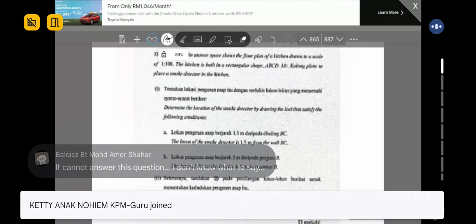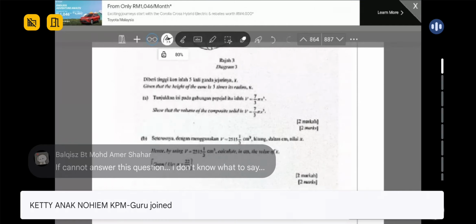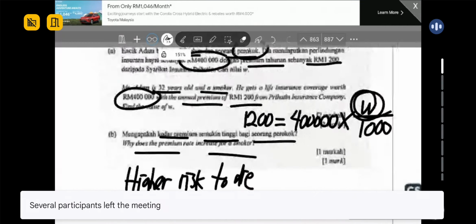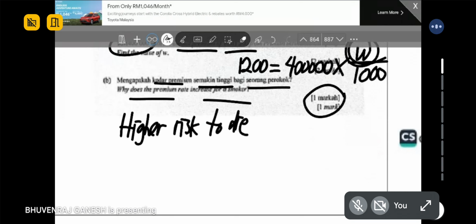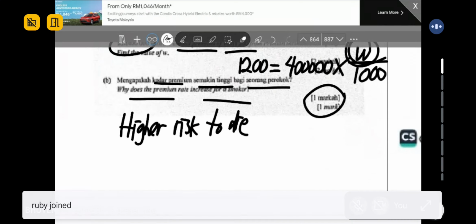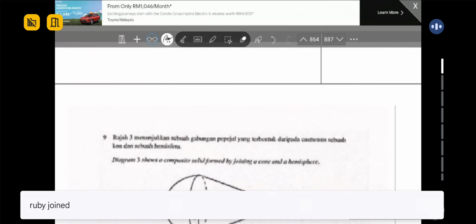Yeah, correct. That's why it is only 1 mark, guys. Actually, it's a bonus. Very simple to score this 1 mark. Because it is common sense. So if you got common sense, you can answer. Okay? Alright. So next one.